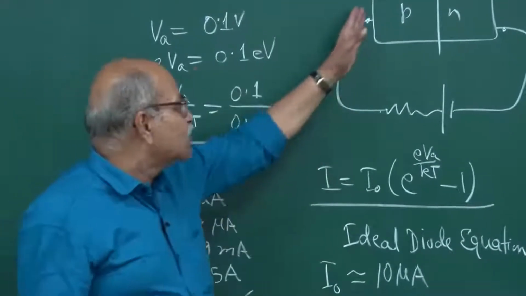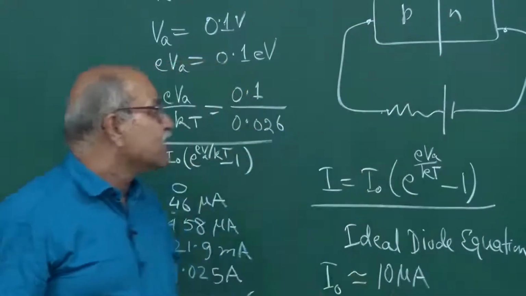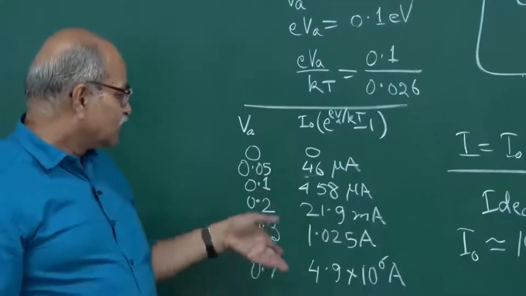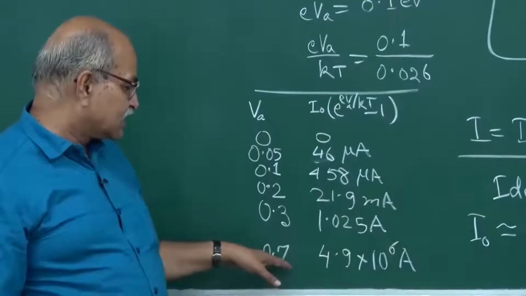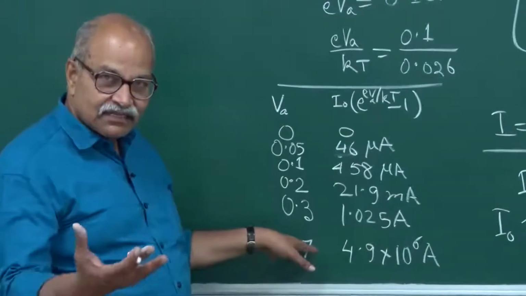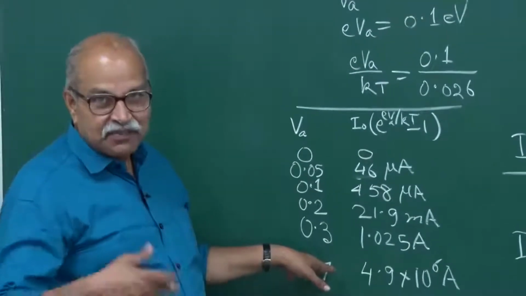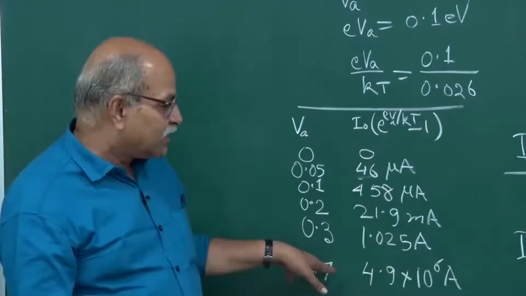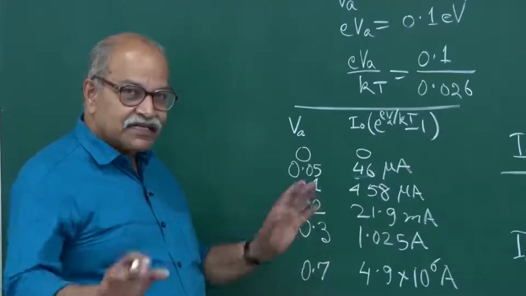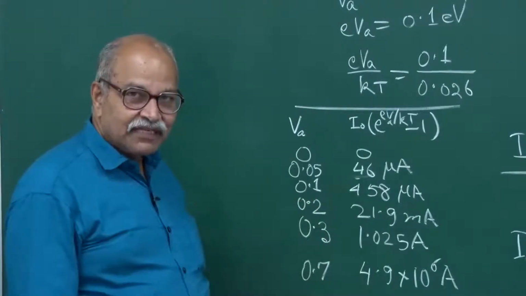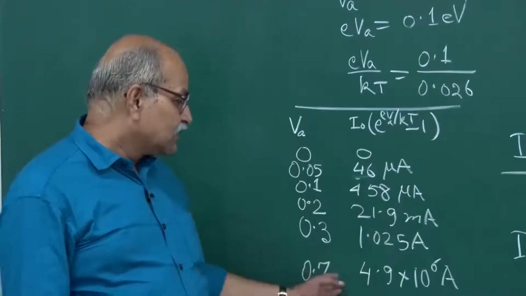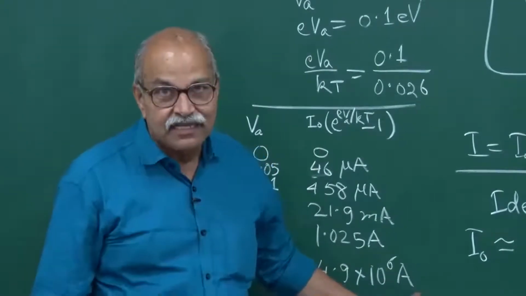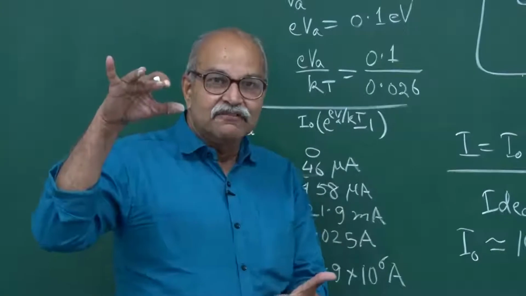So, the actual voltage that you apply on the junction should be much smaller than these points. For silicon, this 0.7, of course it will depend on temperature and many things, and a little bit on doping perhaps, but typically it is around 0.6, 0.7, and if you apply that much, you have a huge, impossible current. And that is understandable physically.